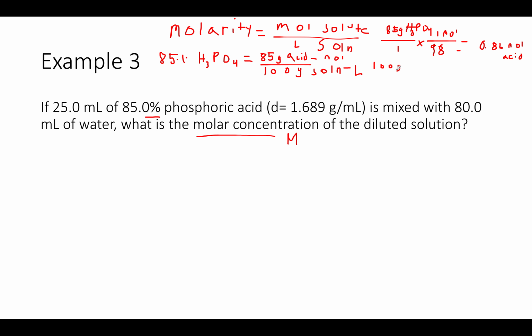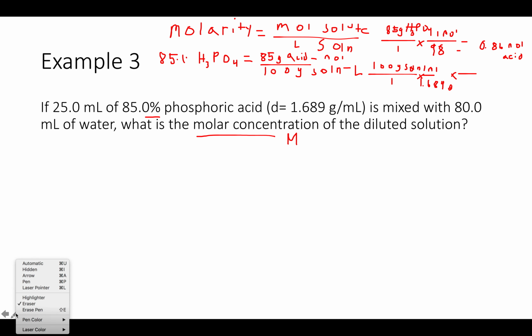I have 100 grams of solution. Per every milliliter of solution using the density, there is 1.689 grams. And I need it in liters, not milliliters. So for every 1,000 milliliters, should be another 0 there. Let me fix that. For every 1,000 milliliters, there's 1 liter.